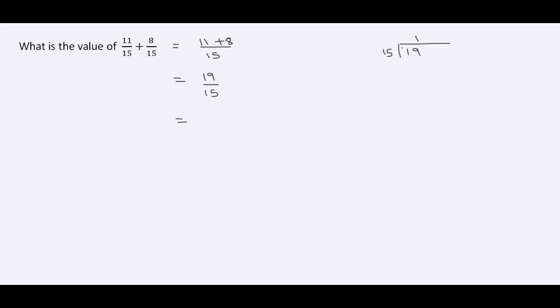That's going to be 1. 1 times 15 is 15. 19 minus 15 is 4. One way to know if you've gone far enough, the remainder here cannot be larger than your divisor. So we now have 1, which is our quotient. Our remainder is 4 over 15.